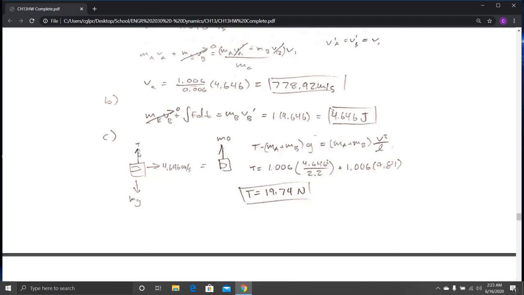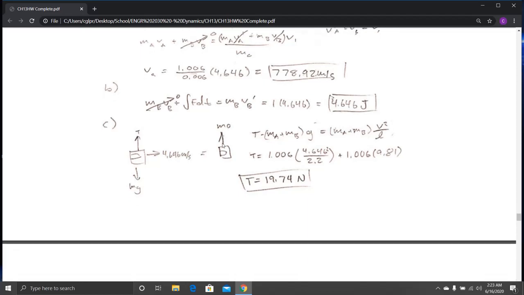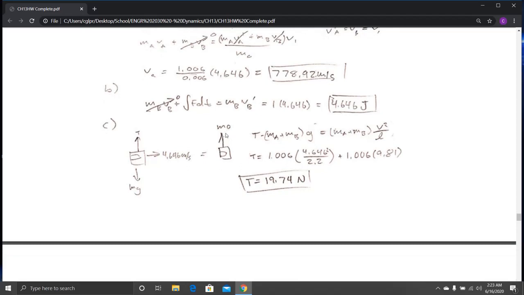By looking at my diagram, I can see that tension minus weight of both the bullet and the block is going to equal my mass times acceleration of the bullet and the block.